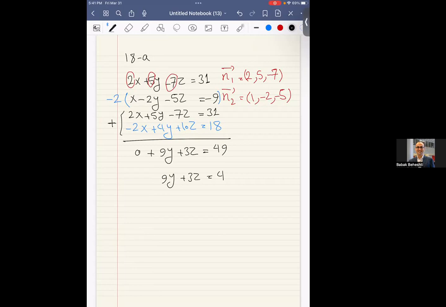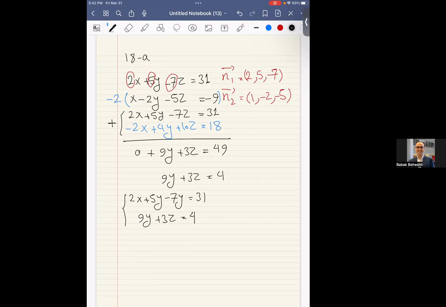And remember, I also copied the first equation. So I have two equations: 2x plus 5y minus 7z is 31, and the second equation, where I eliminated x, is 9y plus 3z equal to 49.